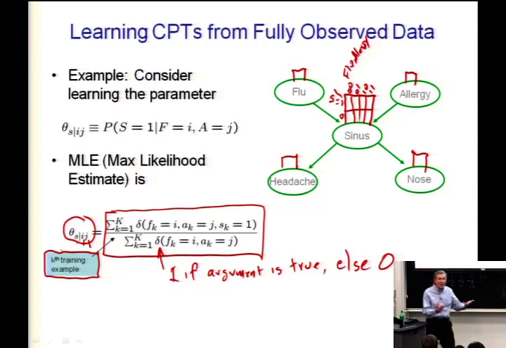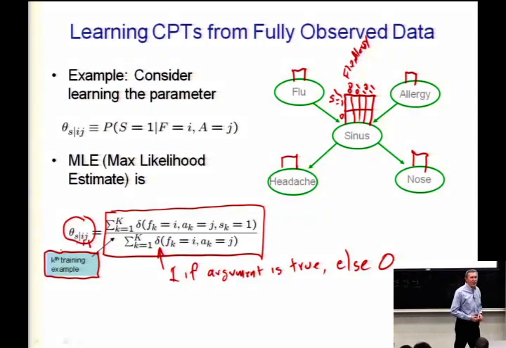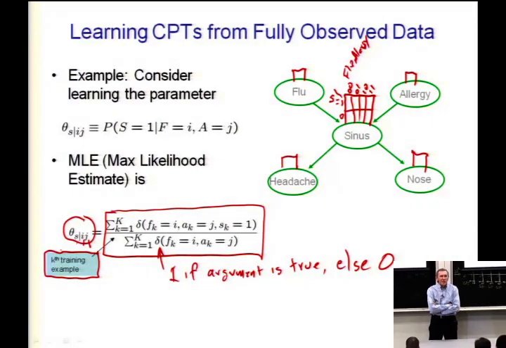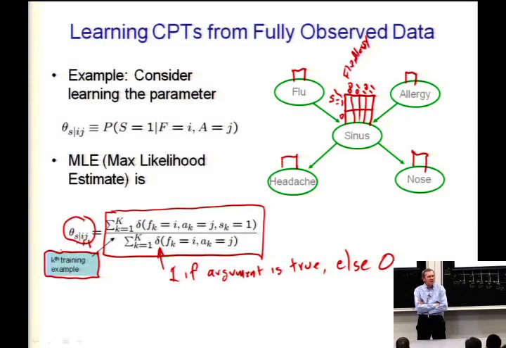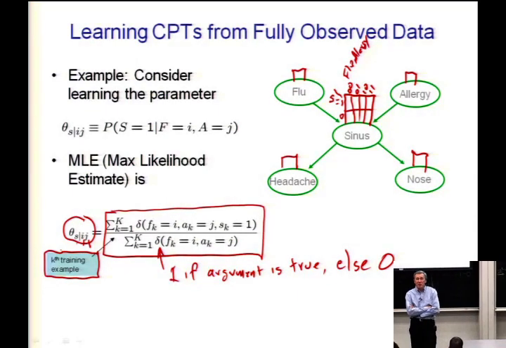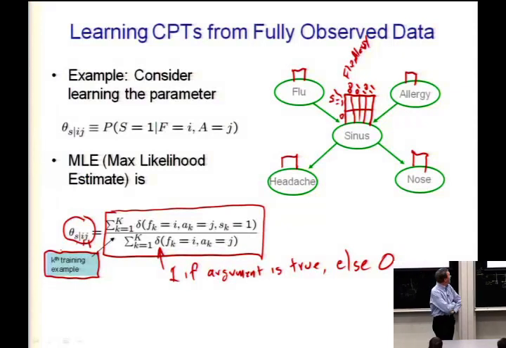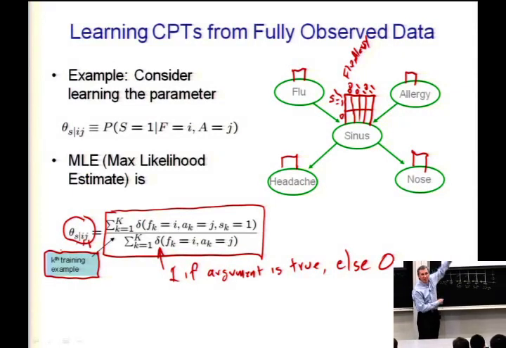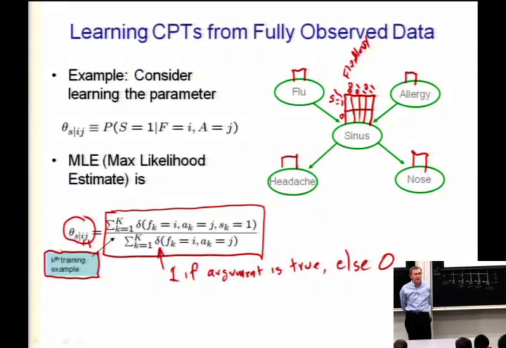Okay, so I'm telling you this is what the answer is, but you should ask yourself, well, how would I prove that to myself? What is it that you would want to prove? Well, what you want to prove is that the maximum likelihood estimate for training a Bayes net, which means really estimating not just this one theta, but all of the thetas for all of the nodes in the network.